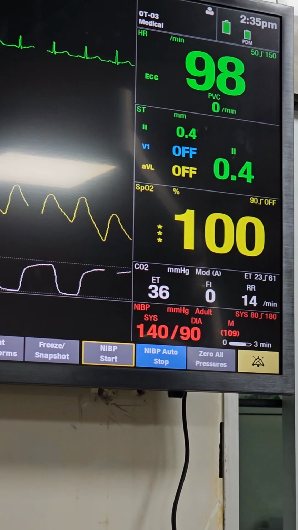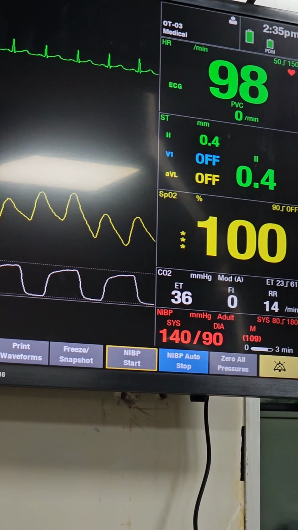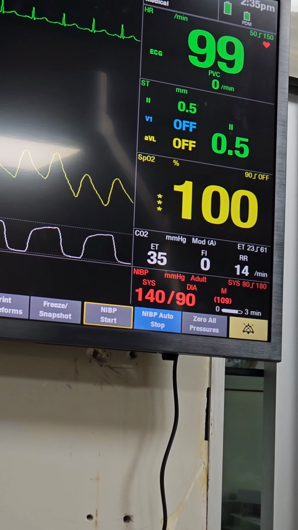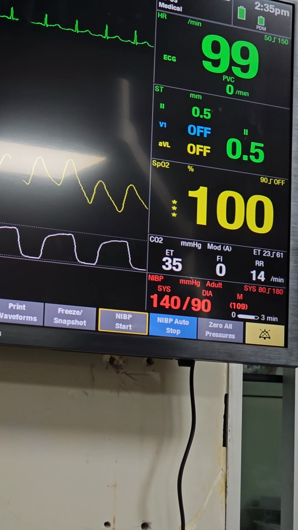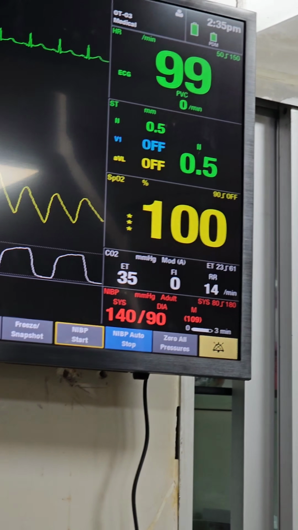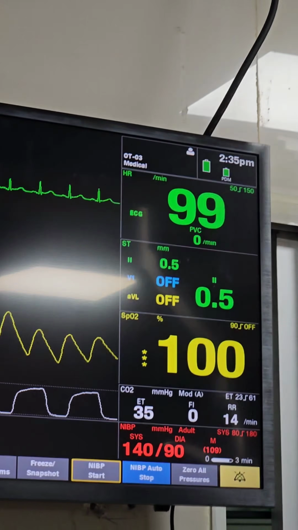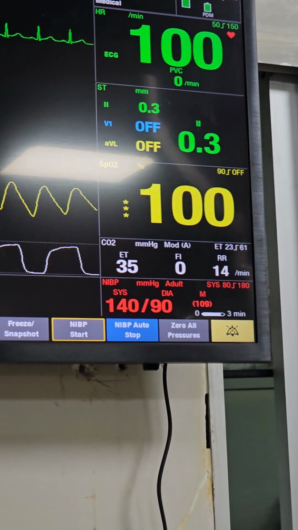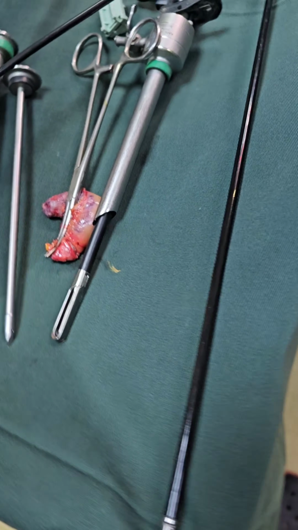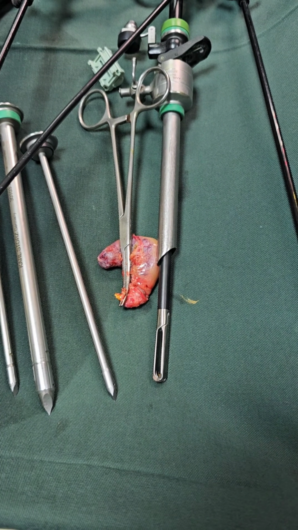So a very perfect situation. When they bring out the specimen of the gallbladder, they will close all the ports, and after closing the ports, we'll start our reversal protocol for this patient. As it's a very small gallbladder, it's not difficult to bring it out.